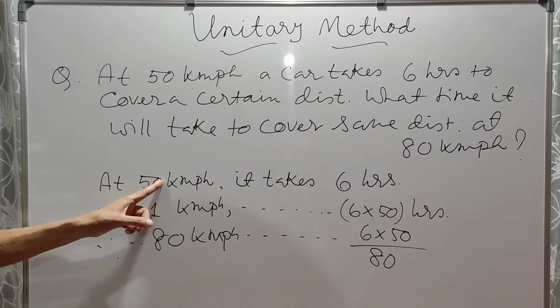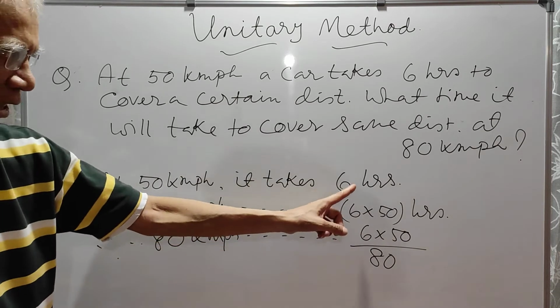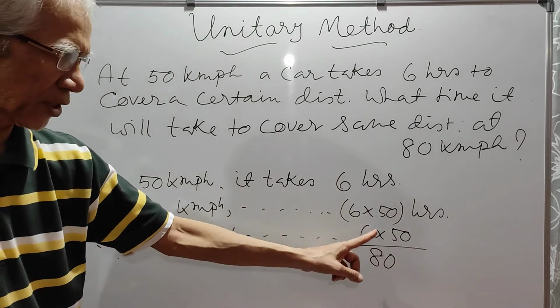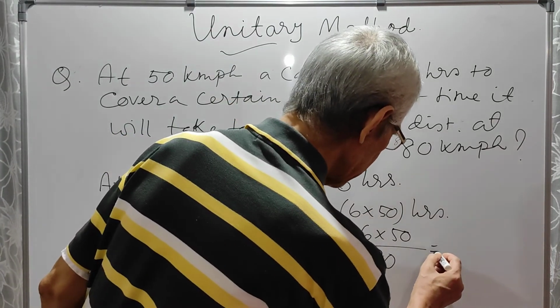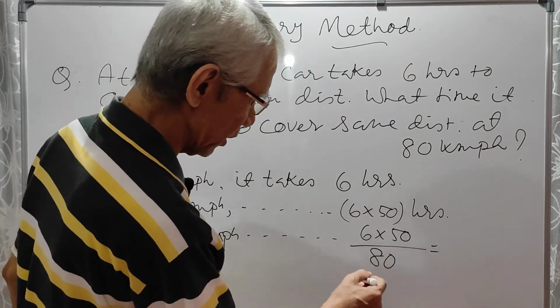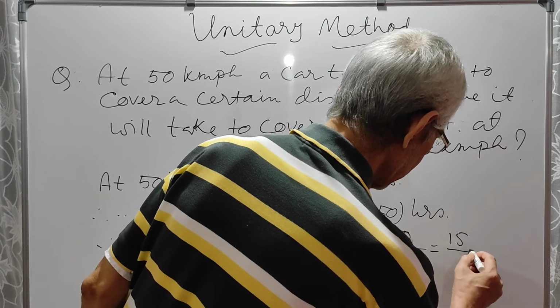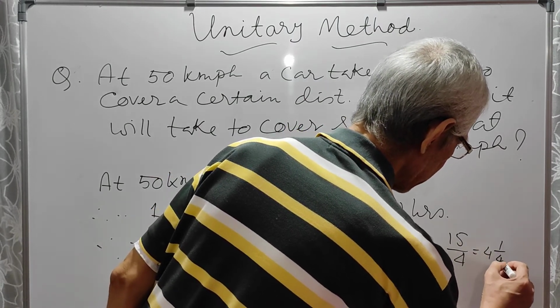At 80 kilometer per hour, it will take less than this time. So you get 0, 0 cancel. So 30 by 8, that means 15 by 4. 15 by 4 hours, that is 3 and 3 by 4 hours.